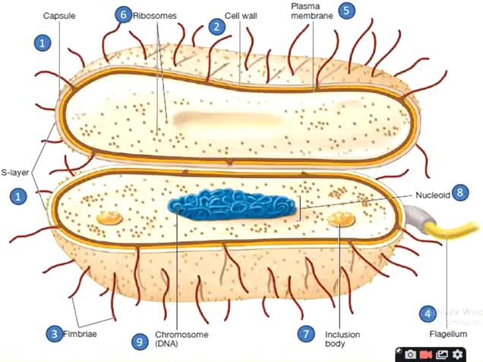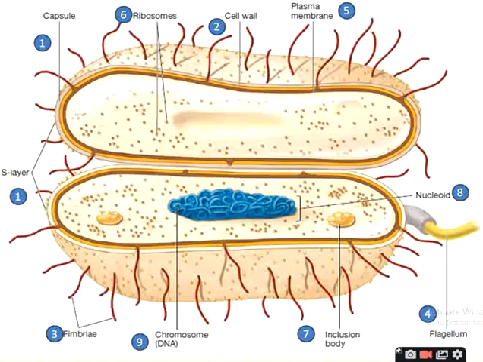Then inside this plasma membrane there is cytoplasm, and in the cytoplasm there are ribosomes, inclusion bodies, and a nucleoid, and in the nucleoid there is a chromosome, okay. And there are some surface organs, the flagella and pili, present on the surface of the cell wall, okay. So we have to discuss all these structures or organelles in detail.